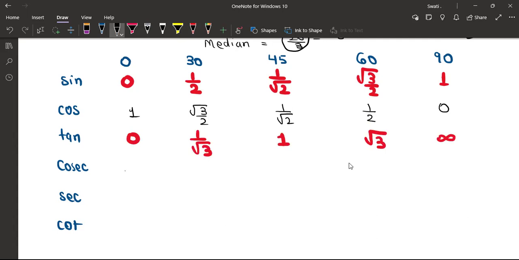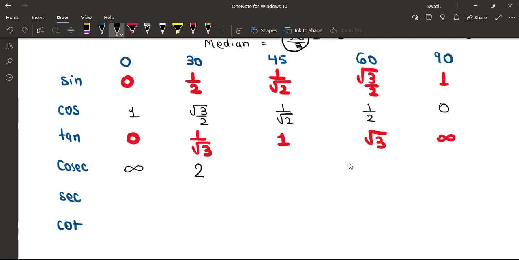Not defined. Not defined because it will be the reciprocal of sine, so 1 upon 0 will be undefined. Next. Cosec 30 will be 1 upon 1 upon 2, reciprocal, right? Which is 2, right? Manya? Okay, next, cosec 45.